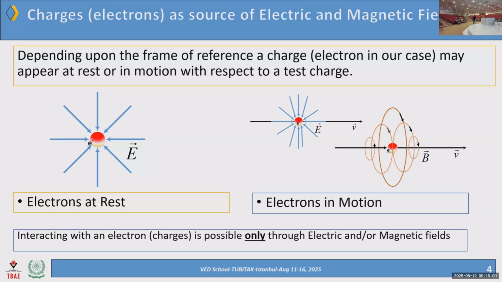The magnetic field is usually curled around the source, the charge, and the electric field is sort of squeezed. It's a donut shape or a tire. So in fact, the interaction with electron charges is possible only through electric and magnetic fields. So this is the basics of electromagnetism.